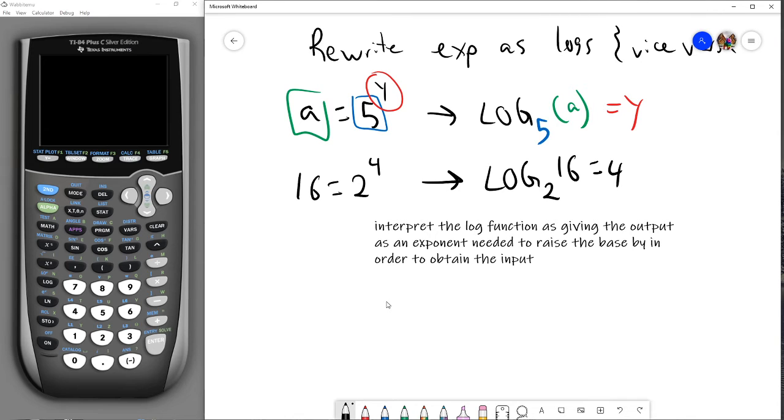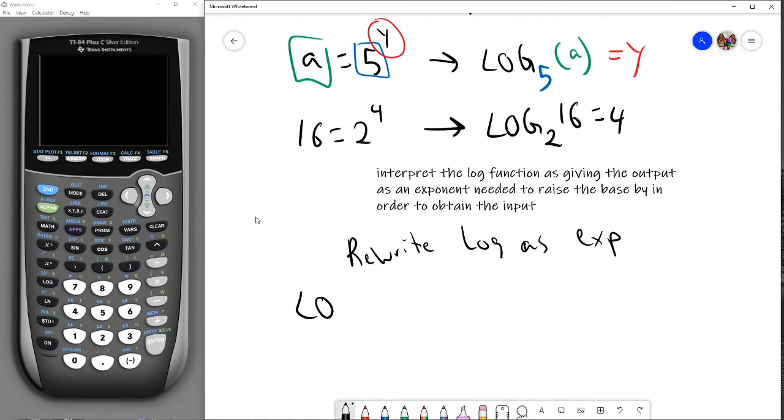And let's see here, we did 2 examples of rewriting exponentials as logarithms, so we should rewrite a couple of logs into exponential. So let's go ahead and see a couple examples of that.